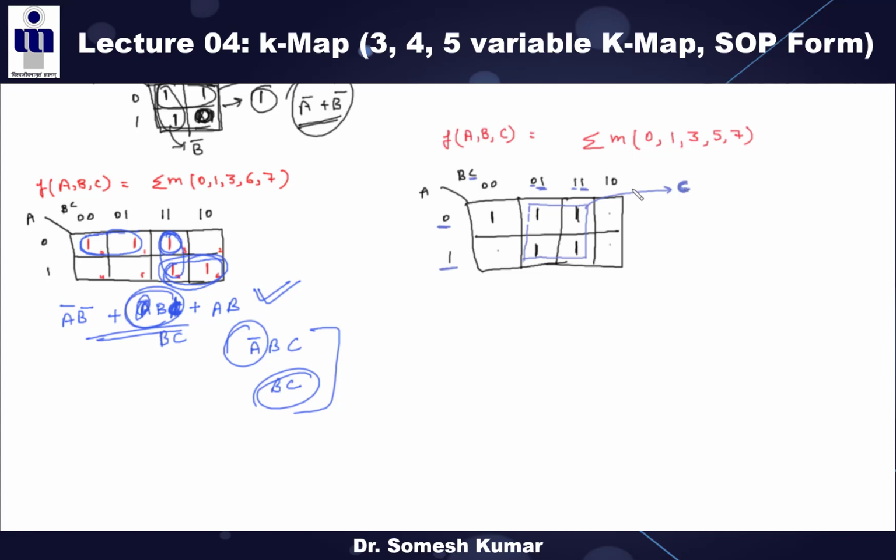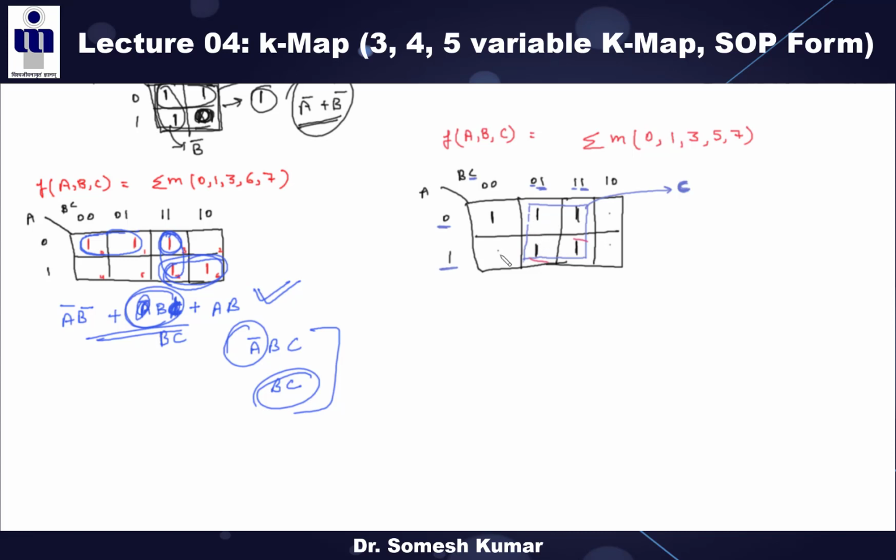Clear? Now is the next quad possible or not? Tell me which quad is possible? No. So the next pair is possible, right? So which one is the pair? Now you can also say, sir, this pair is also possible. Can we take this? No, because if these ones already come into the quad, then there is no need of pairing.